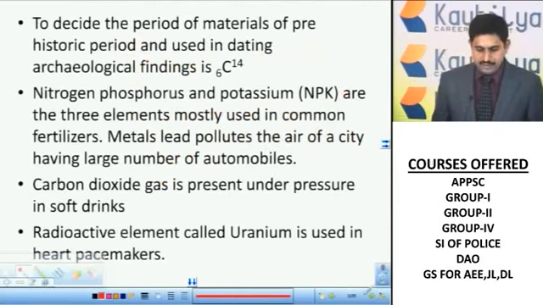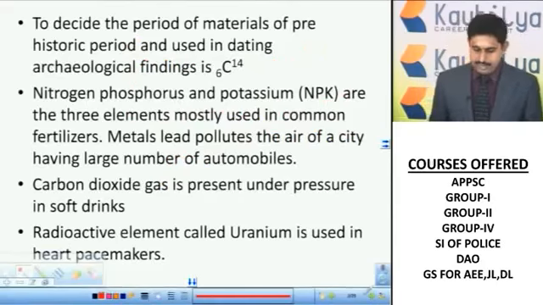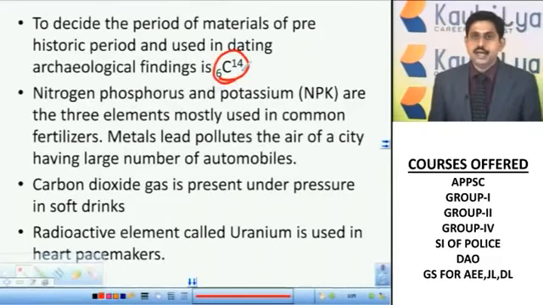For example, carbon dating is one process used to detect the age of a tree or archaeological objects. The archaeological department uses it to find the age of any bone, for example the age of dinosaurs. The element used for carbon dating is carbon 6 with atomic mass 14.